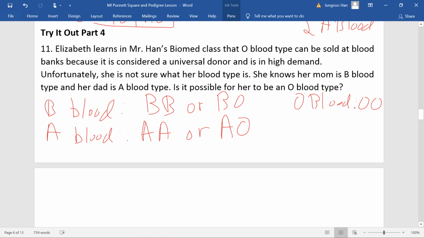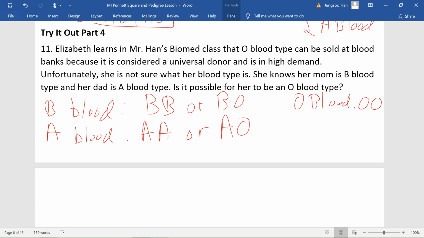If her dad is AA, there's no way he's giving her any O's because he doesn't have any O's. If her mom is BB, there's no way her mom is giving her any O alleles because she doesn't have any. But if her mom is BO, it's possible that the mom can give the O allele.